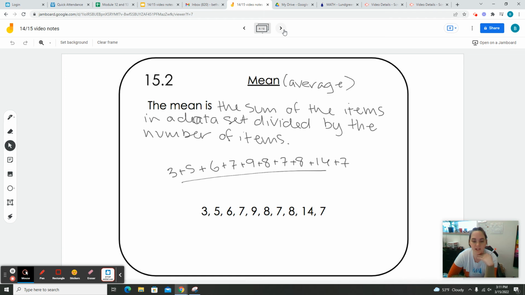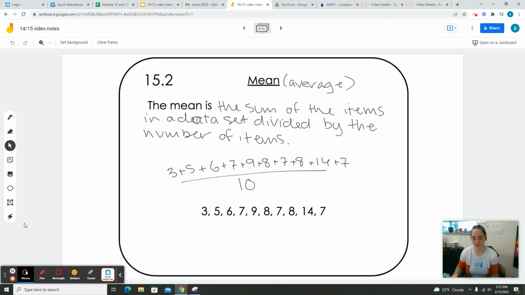And then we're going to divide that by the number of items we have, which would be 1, 2, 3, 4, 5, 6, 7, 8, 9, 10. There are 10, so we're going to divide it by 10.